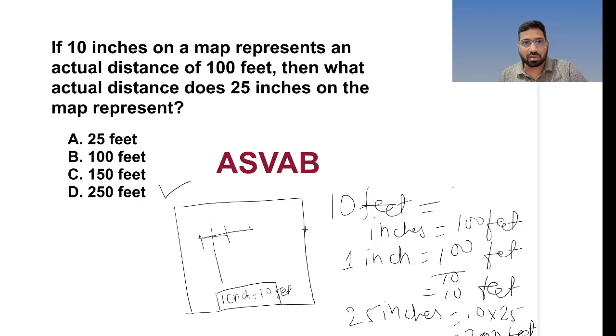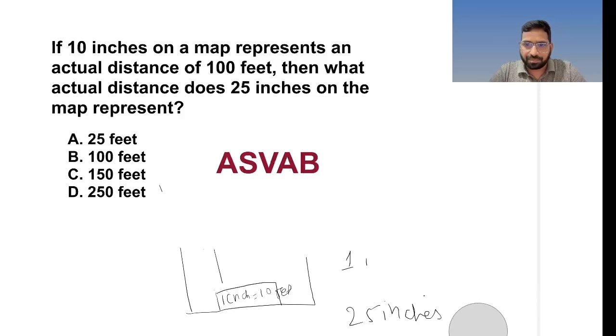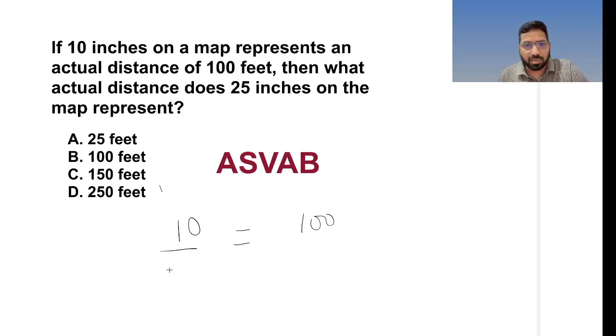Now let's take a look at another way of solving this, that is the ratio and proportion method. In the ratio and proportion method, we create ratios. 10 inches represents 100 feet, then 25 inches will represent how many feet?